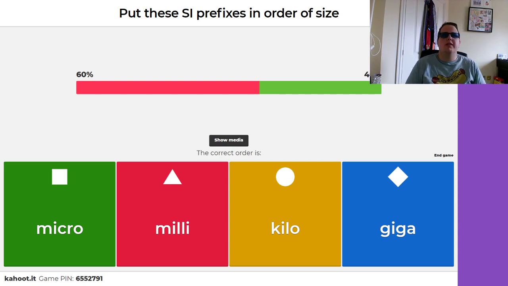Well done to the 40% of people who got that right. It goes micro, which is times 10 to the minus 6, milli times 10 to the minus 3, kilo times 10 to the 3, giga times 10 to the 9.